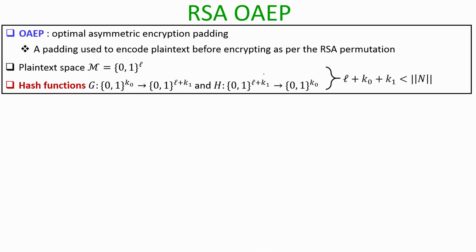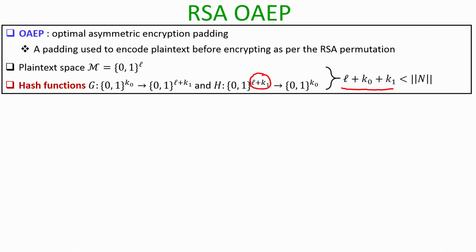On the other hand, the hash function big H maps bit strings of length l plus k1 bits to bit strings of length k0 bits. We assume that the sum of l, k0 and k1 is strictly less than the size of the modulus big N, which is going to be used to compute the value of the RSA function.